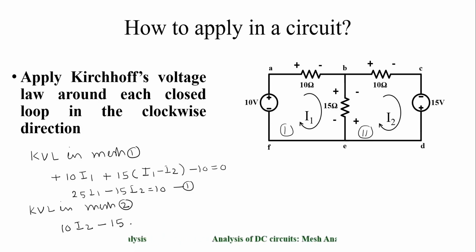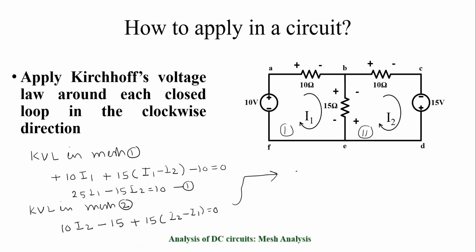So I'll write 15 (I2 minus I1) is equal to 0. If I simplify this, this will be minus 15 I1 plus 25 I2 is equal to 15. This is your second equation.